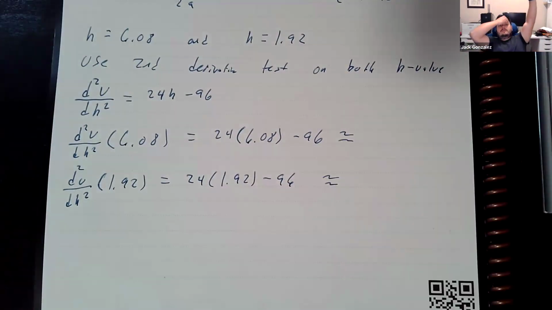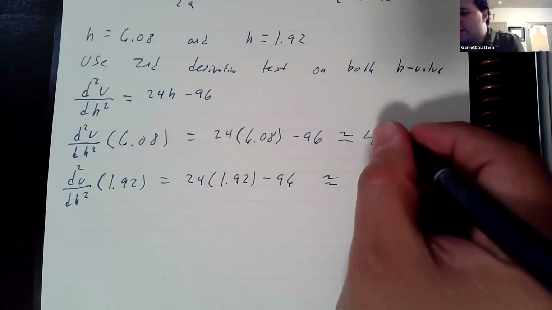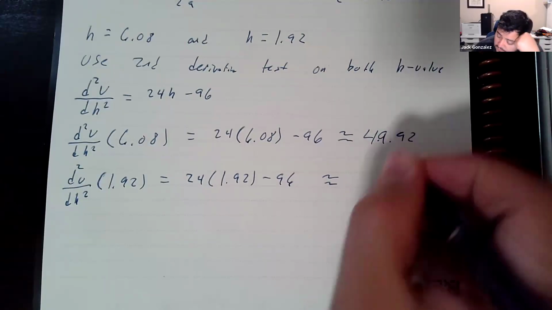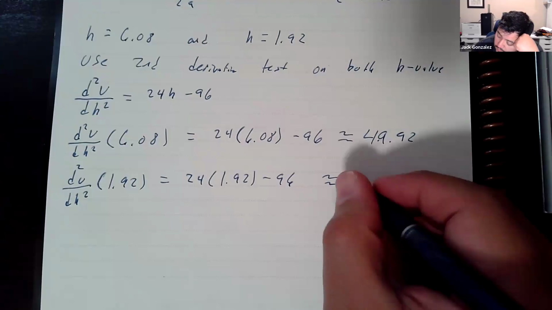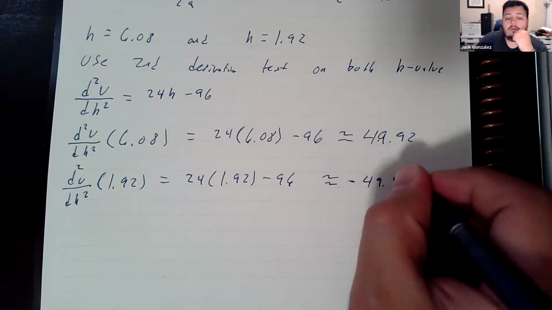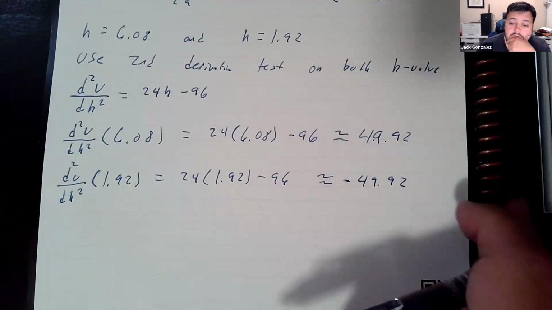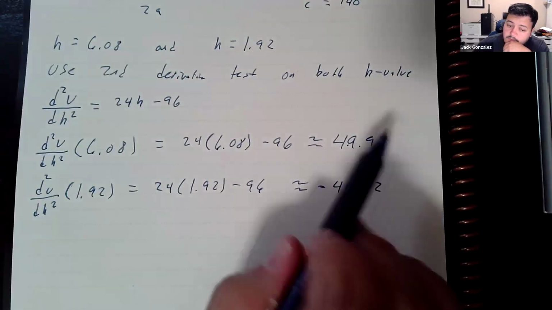For the first one, that'll be 49.92, I already got it. And the second one's negative version. So this is the second derivative test. So what does this mean if it's positive?